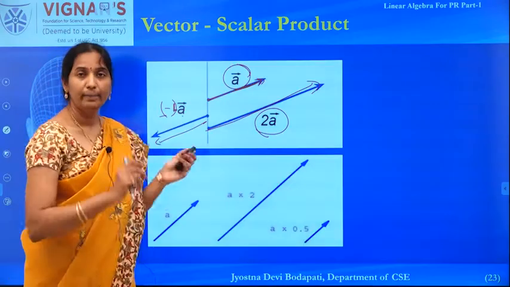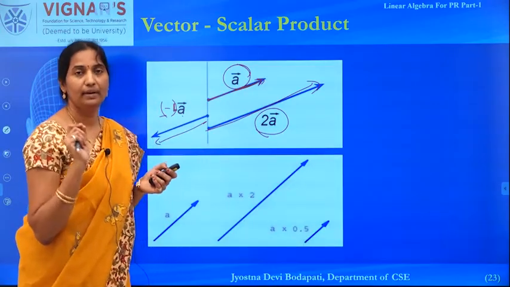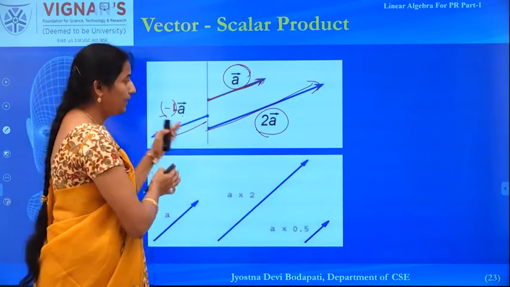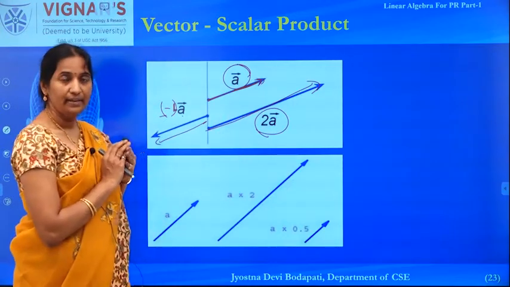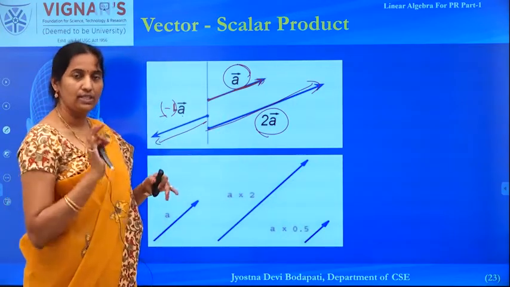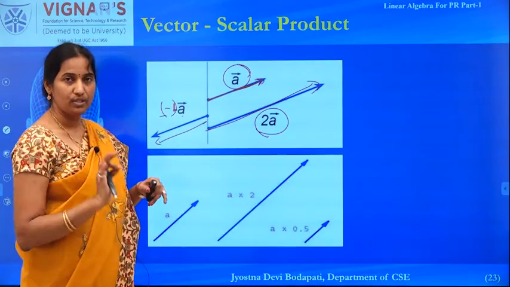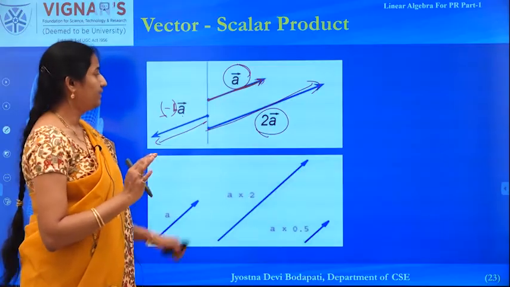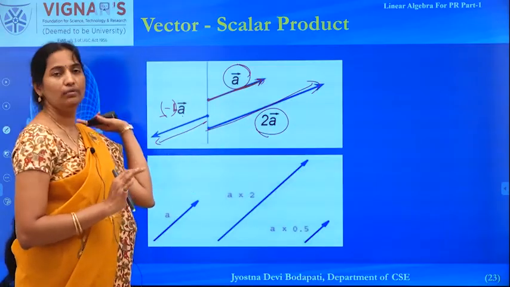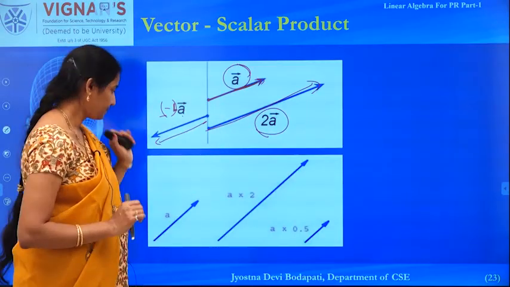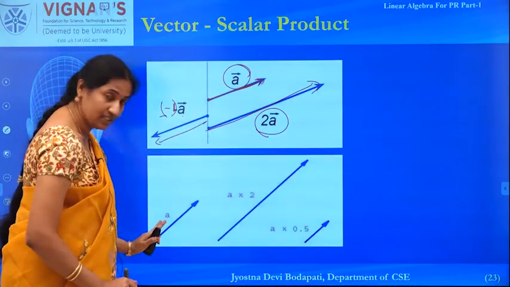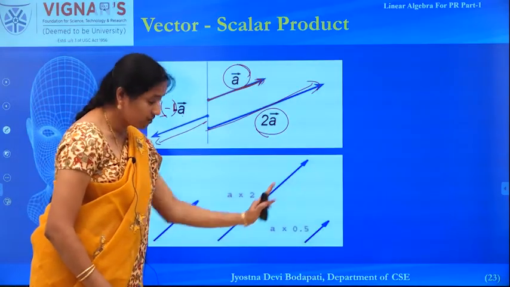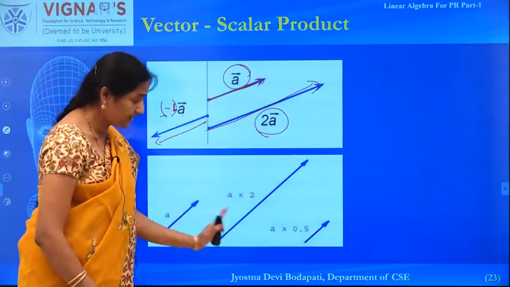That is how, depending on the value of the scalar you are multiplying, the magnitude of the vector changes, and the direction will not change as long as your scalar is a positive value. When you are multiplying with a negative value, the vector will move in exactly the opposite direction. Consider this: if this is A, this is how you can represent 2A, where the magnitude is exactly doubled.